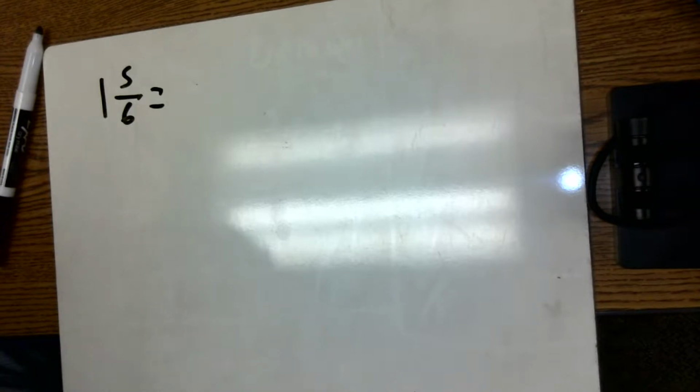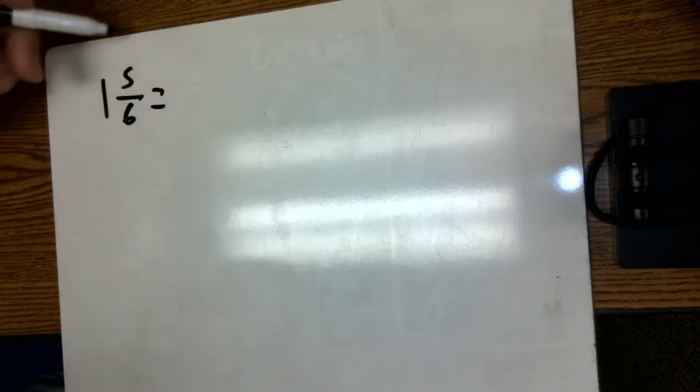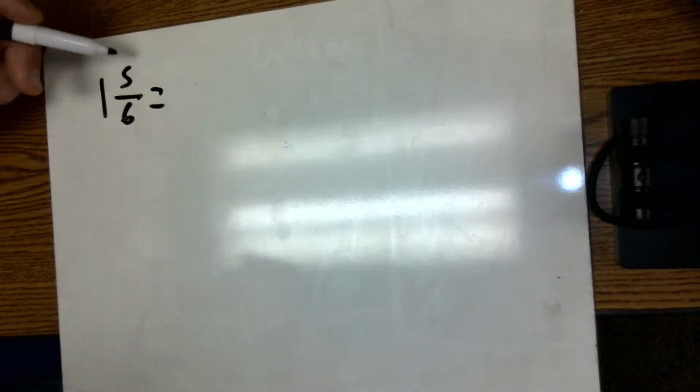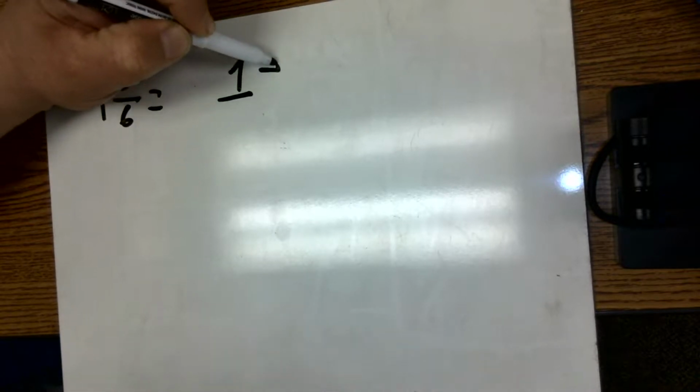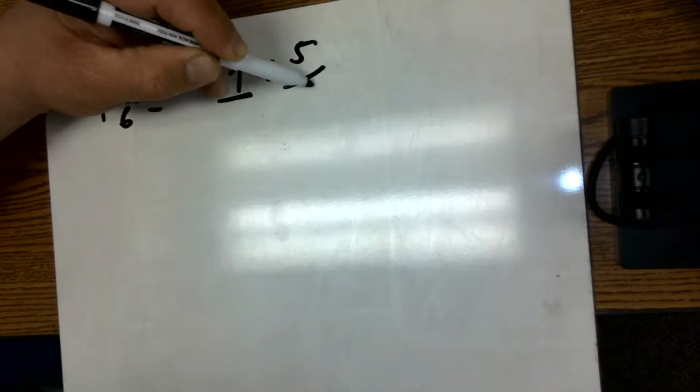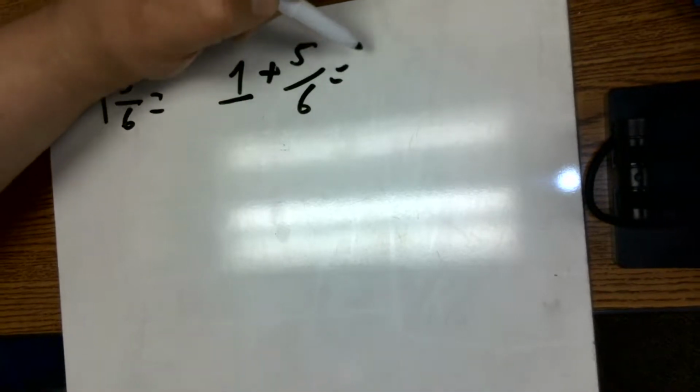So you did hold your paper one more time. I'm gonna blow you up so I can see it. 1 and 5/6 plus 5/6. But you remember the total is 1 and 5/6. So you might say one of your answers is 1 whole plus 5/6. You could do this.